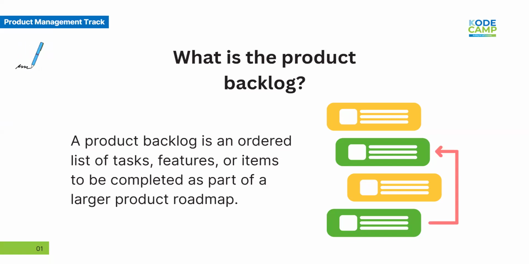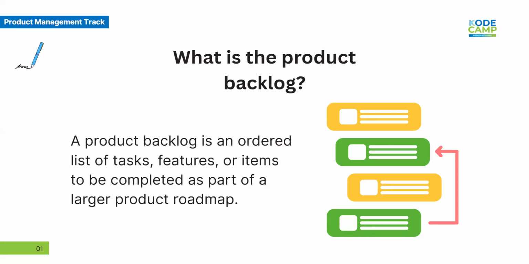But now the question is, what do you do with those user stories you now have? Because stories don't live in isolation. You don't just write them and then leave them there. And this is where your product backlog comes in.